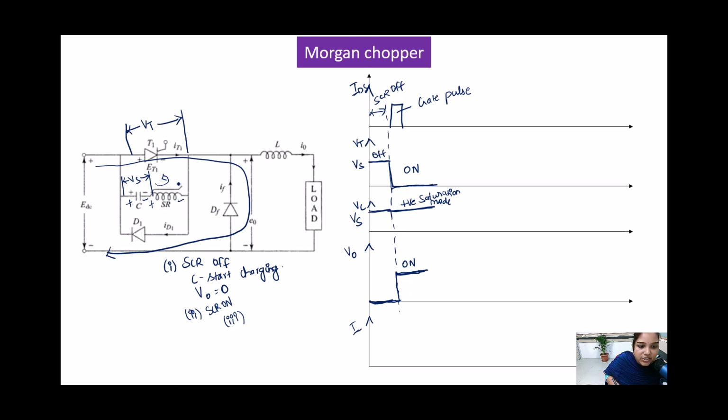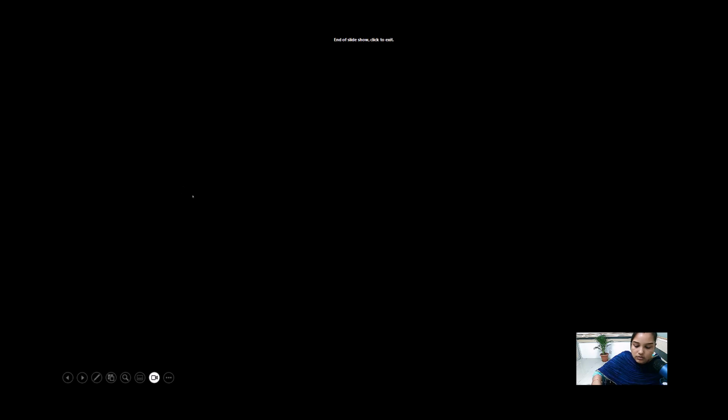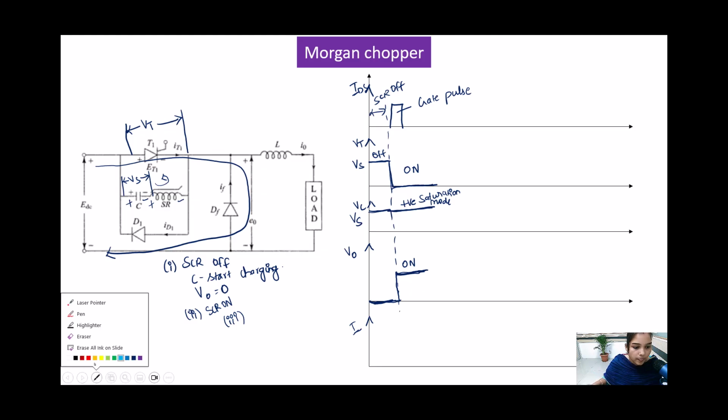This polarity will get changed, I will take another color, from positive to negative. Positive to negative. Again, this capacitor polarity also will change from positive to negative.